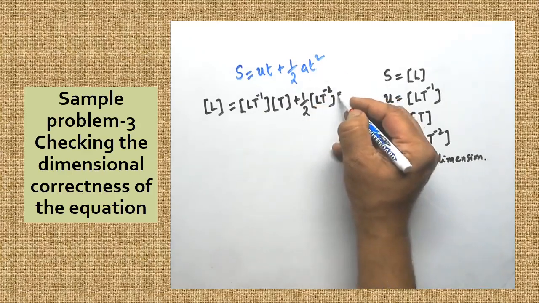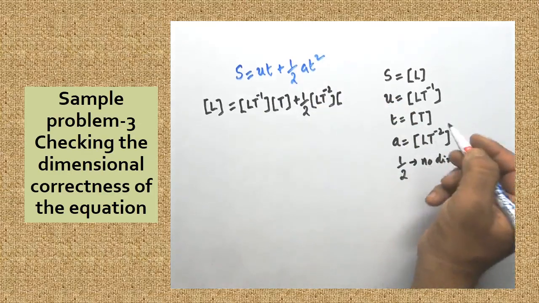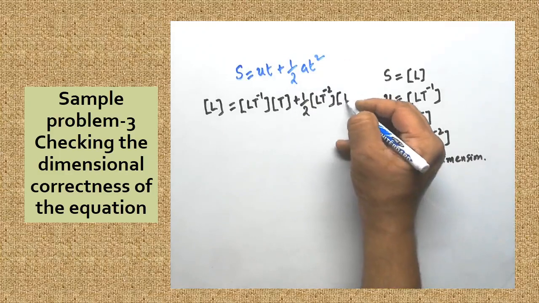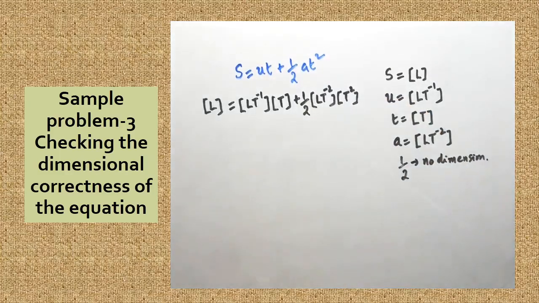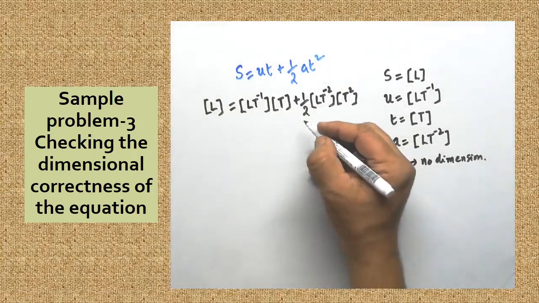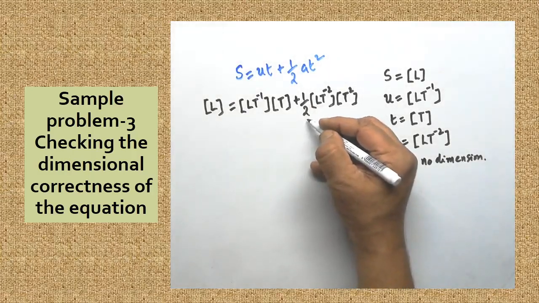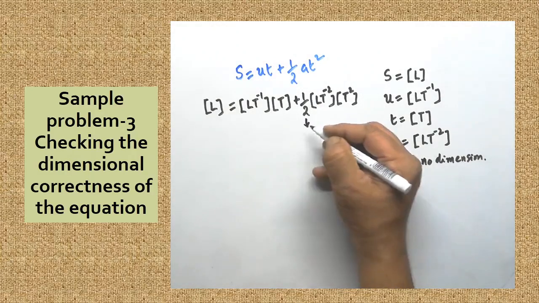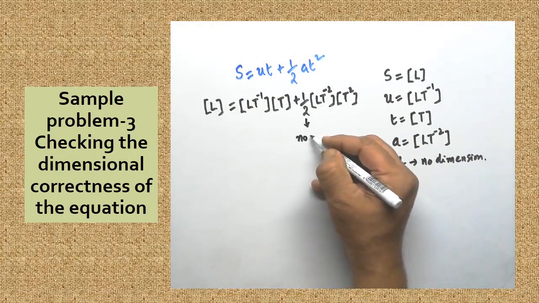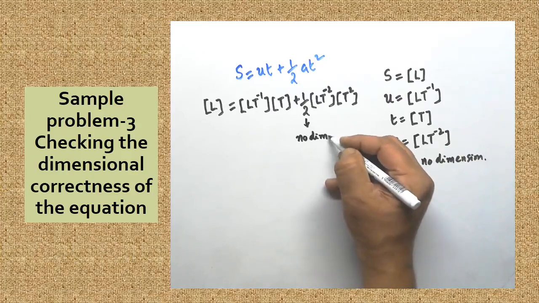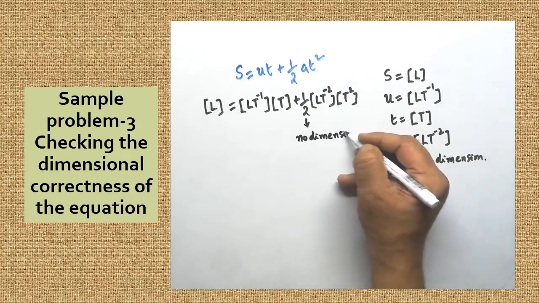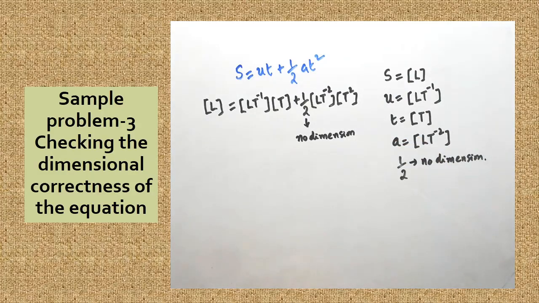What is the dimension of t? Dimension of t is T, but that must be squared. So write it in proper form. So everything is written. So here we have to mention that this one has no dimension. Since it is constant, it does not have any dimension.